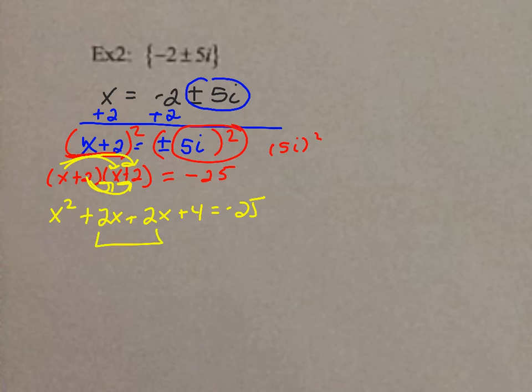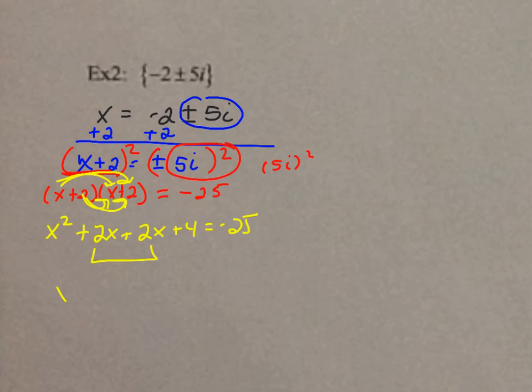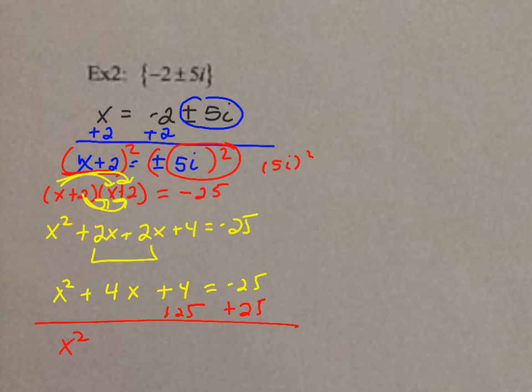Clean up the middle. x squared, 2x plus 2x is 4x, plus 4 equals negative 25. Now you want it to equal 0, so add 25. x squared plus 4x, 4 plus 25 is 29, equals 0.